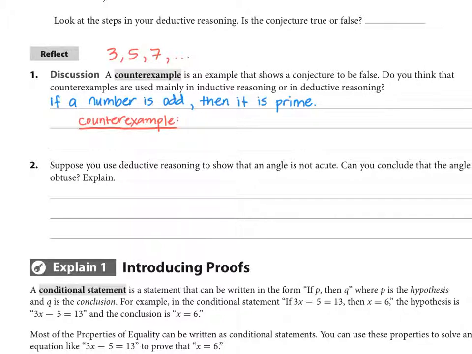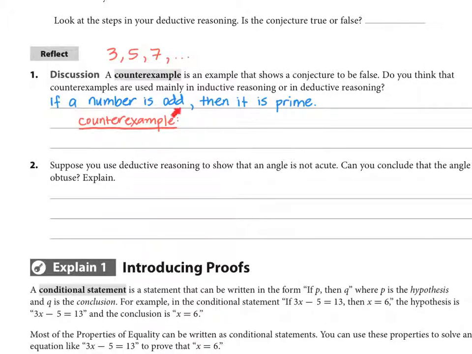That's where we provide a counterexample. A counterexample is coming up with an example where we have an odd number, but we show that it's not prime. We want to make the first part true and the second part false.